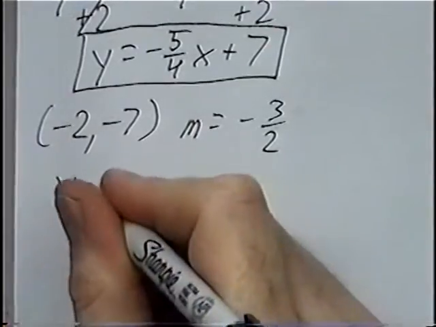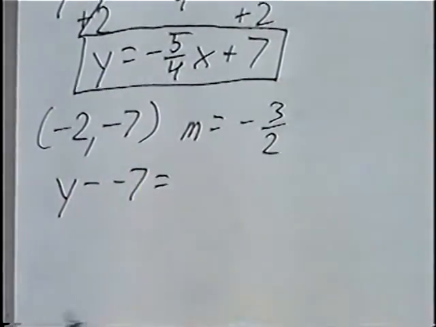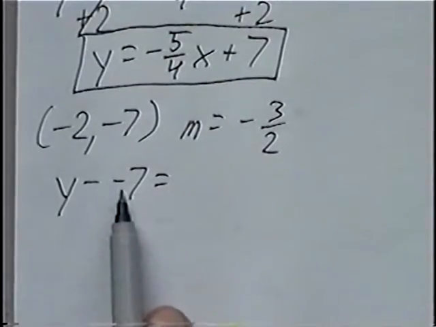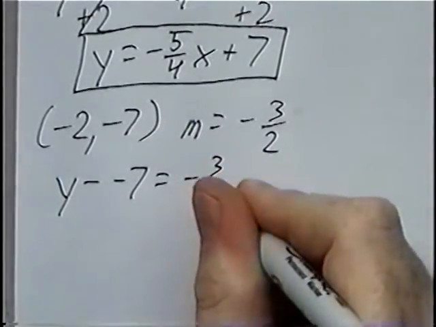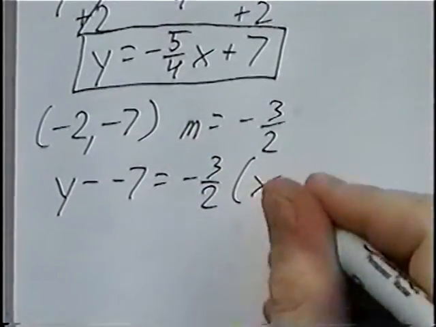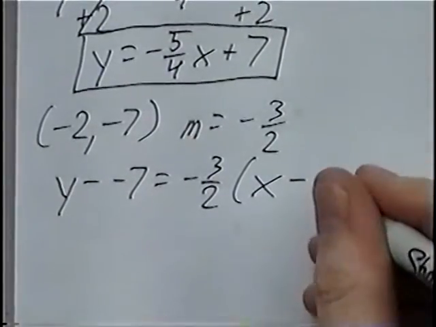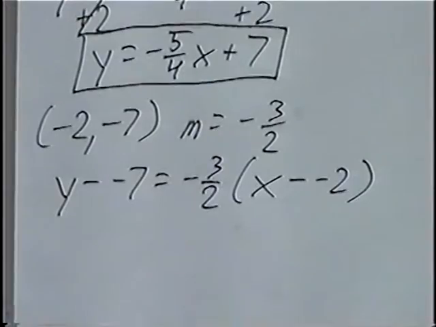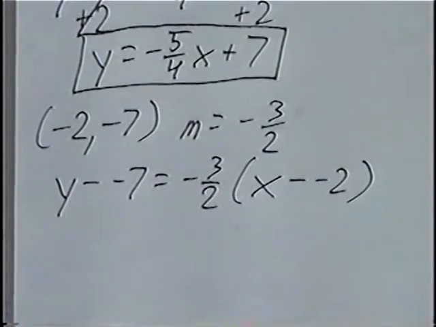The equation again is y minus the y value, which is negative 7. So we'll have a minus from the equation and a negative from the negative 7, equals m, which is the slope, negative 3 over 2, and then parentheses x minus the x value, which is negative 2. So again, we'll have a minus from the equation and a minus from the negative 2.